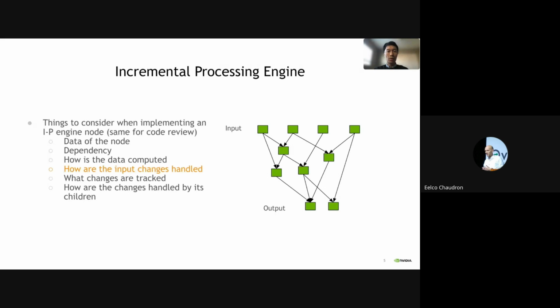But here, of course, the operator can be as complex as any C function. And the most critical thing for incremental processing is how the input changes are handled, and then what changes are tracked in this node. And finally, how are the changes handled by its children?